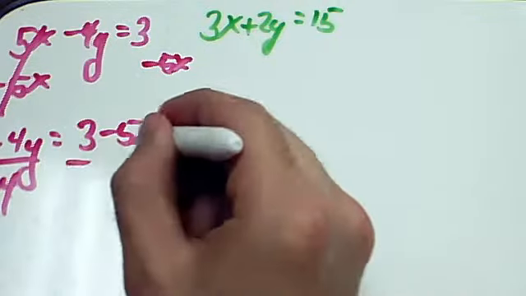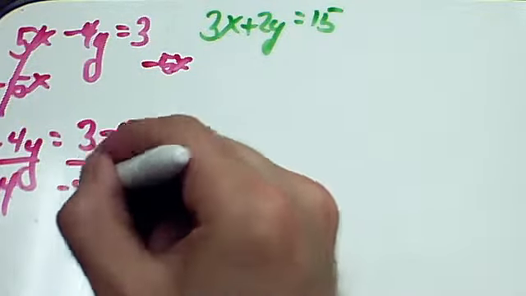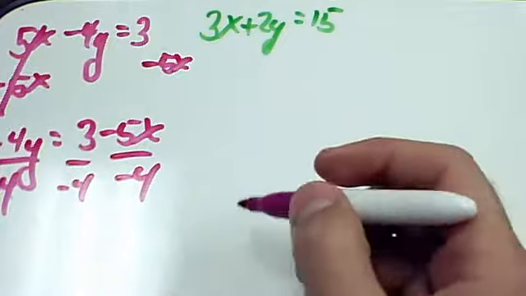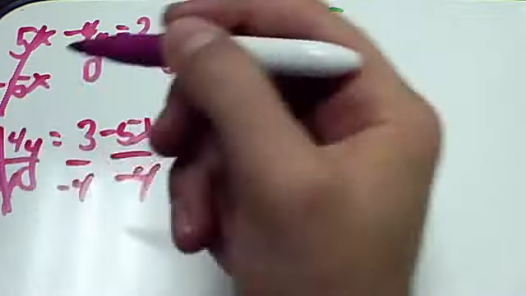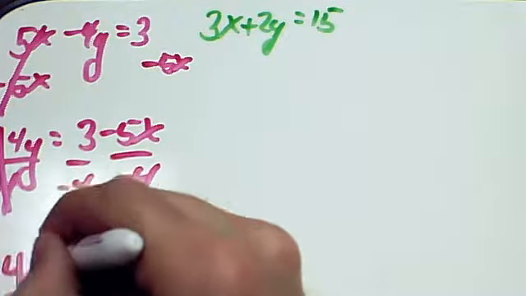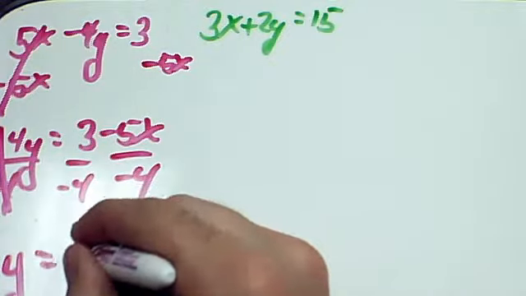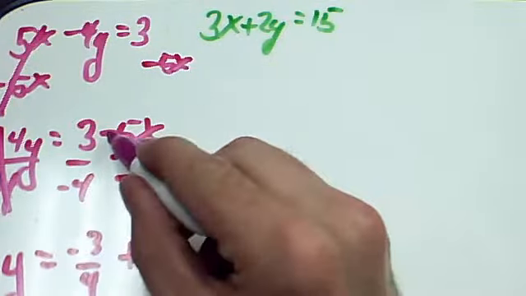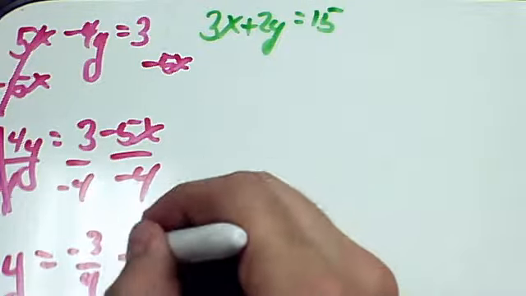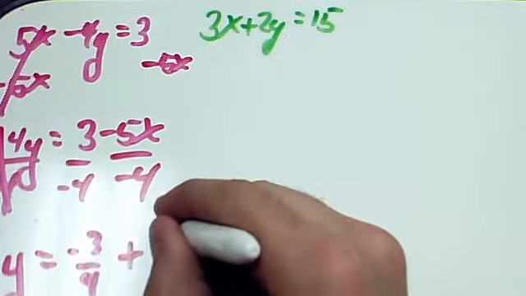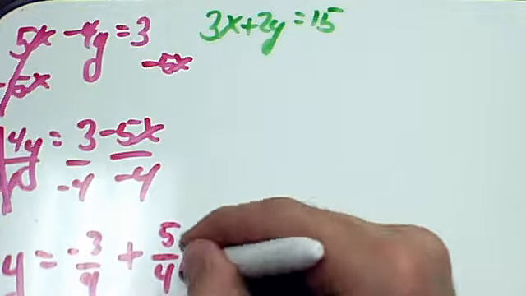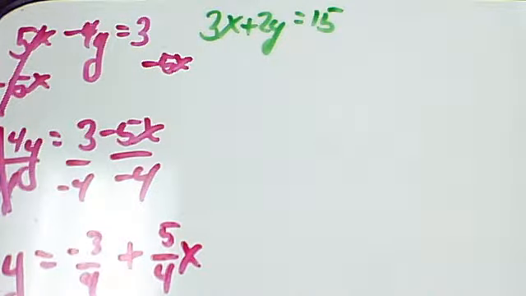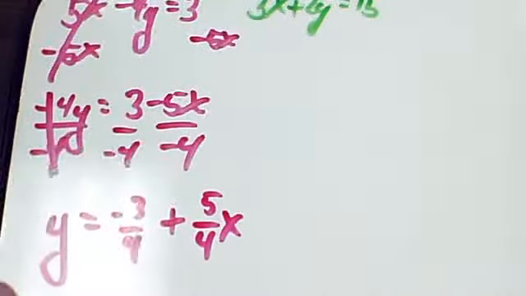That's the same thing as dividing each piece by -4. So that becomes a unit fraction, and we're left with y is equal to -3/4, plus we have minus a negative, so that's going to be plus 5/4 x. And so that's our first equation.